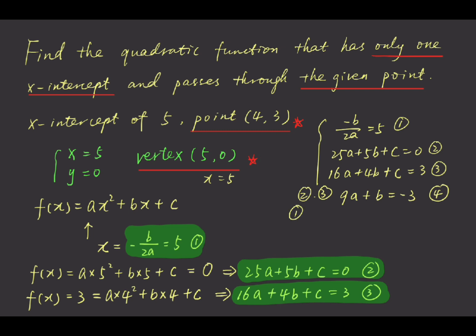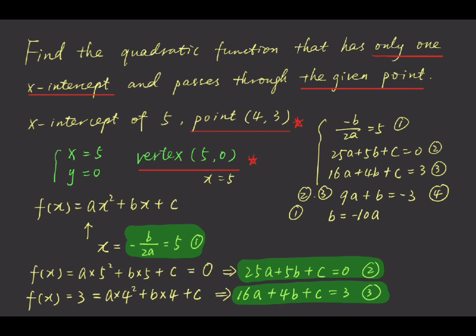From the first equation, we can figure out b equals negative 10 times a. So from this equation and this equation, we can figure out the value of a.